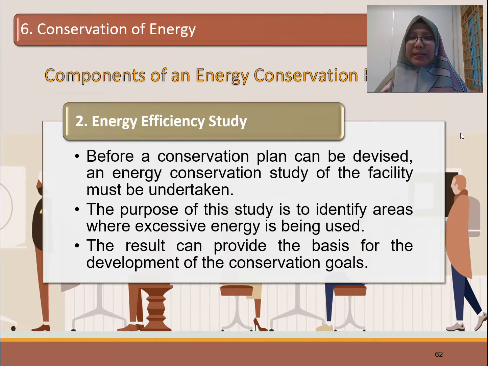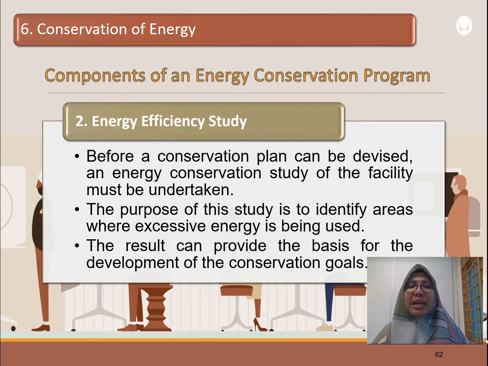The second component is the energy efficiency study. Before a conservation plan can be devised, an energy conservation study of the facility must be undertaken. The purpose of this study is to identify areas where excessive energy is being used.